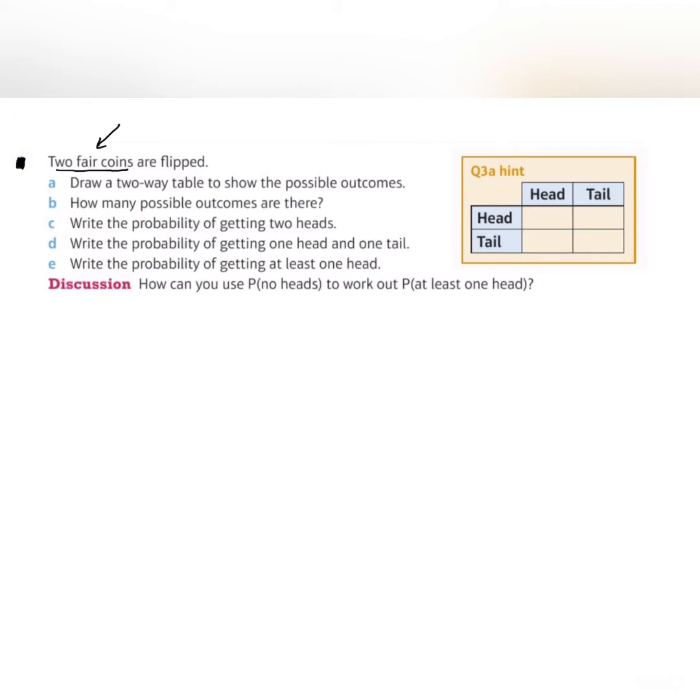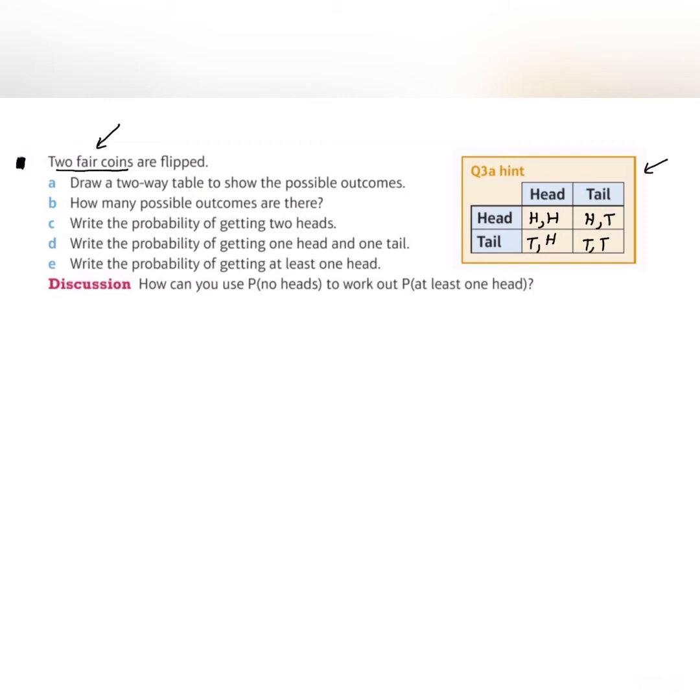For part A, they've given you a 2-way table diagram with coin 1 and coin 2. You could have head and head, head and tail, a tail on the first coin and a head on the next one, or tail on both coins. So that is the two-way table for part A.